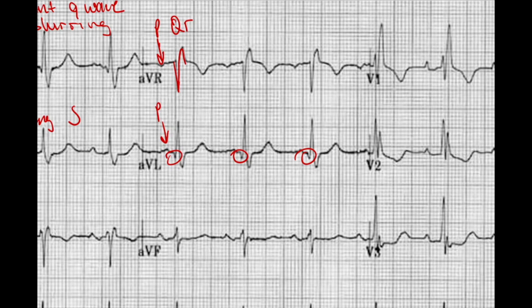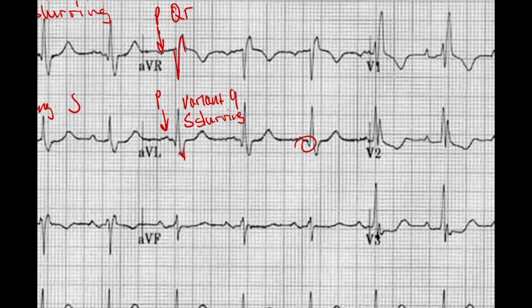So we'll say that we just have a variant Q. We do have some S wave slurring right here. There doesn't seem to be any elevation or depression of the ST segments, and the T wave is upright as we would expect it to be.